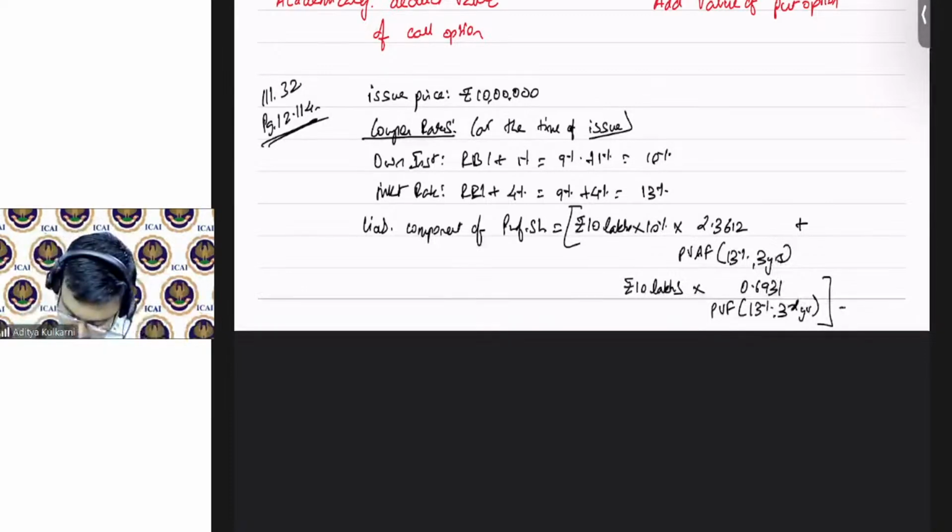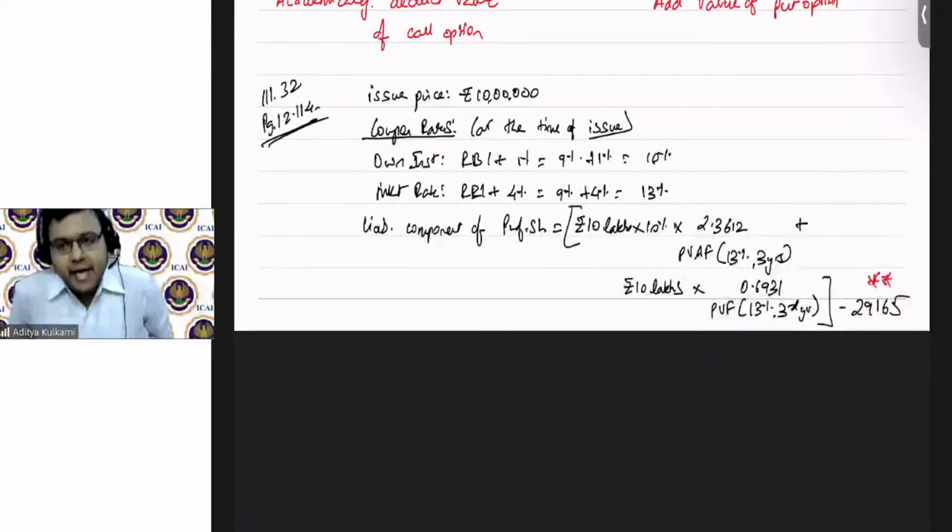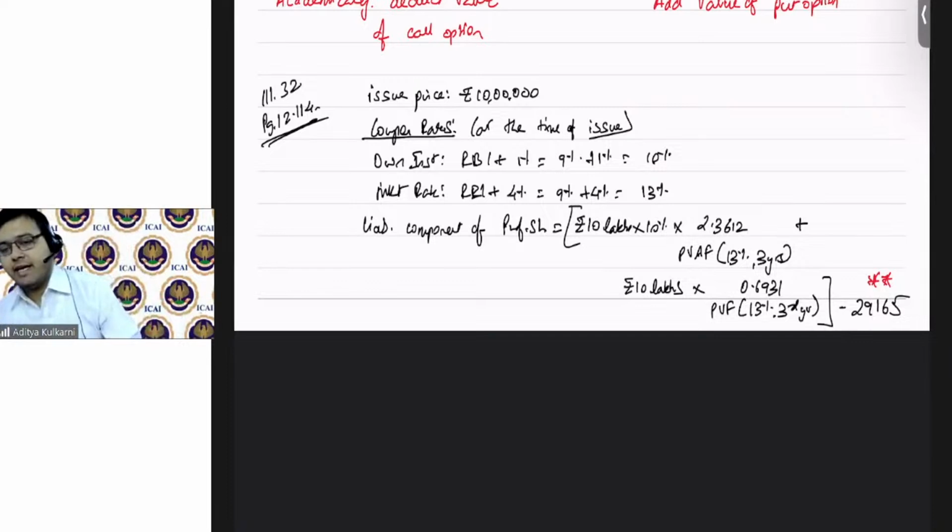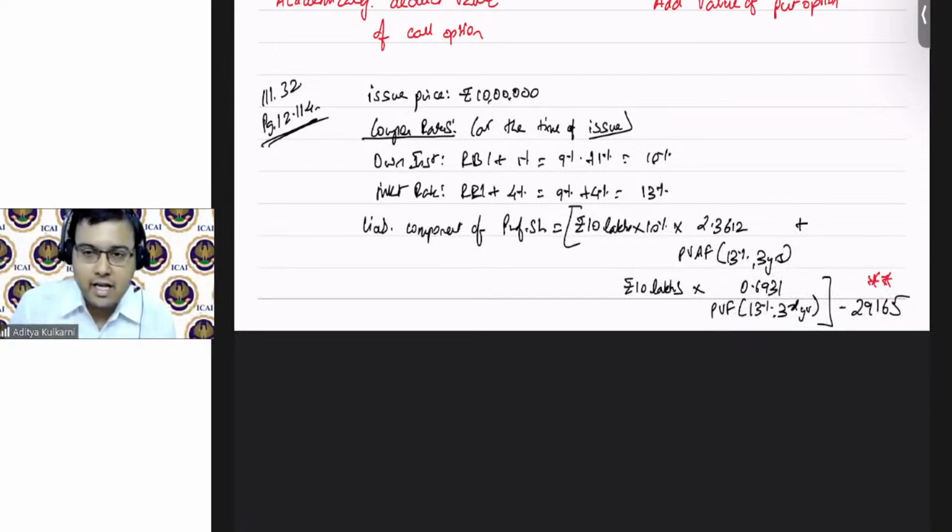Reduce 29,165. This is important. The callable feature is making the bond unattractive to the holder, and therefore the value of the bond will have a reduction of the fair value of the call option that is attached to it. So I will subtract 29,165.